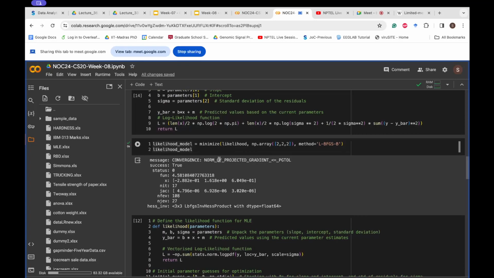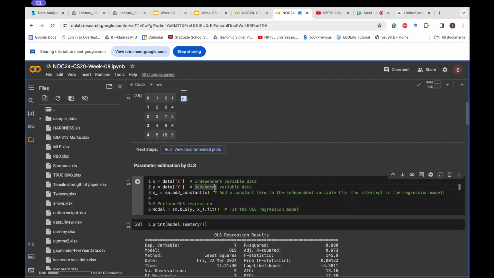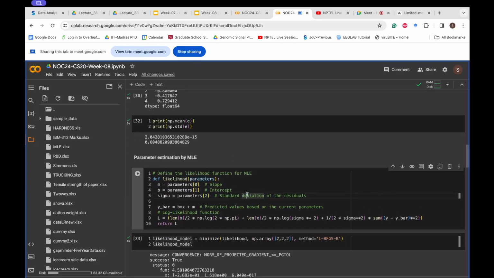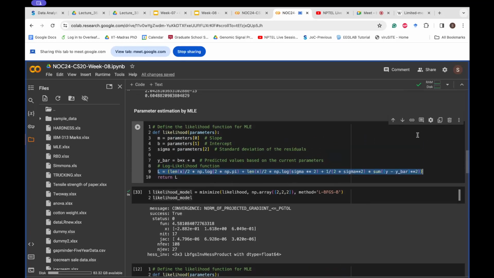So this was to show that whatever we can find using OLS can also be found using MLE, and MLE is a more general way to find the unknown parameters of any sort of distribution given the data points. You will have to define this likelihood function accordingly for each distribution under consideration.